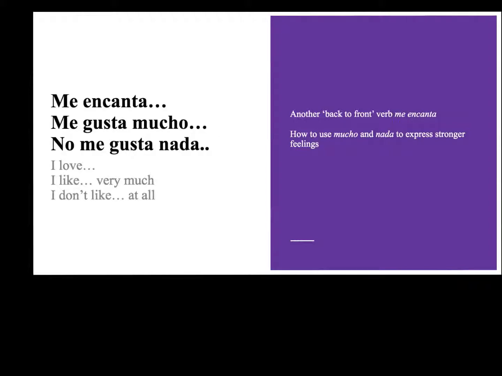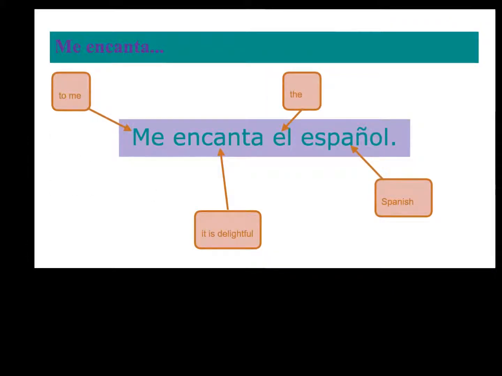Now we're going to look at slight variations on this to show us how we can express stronger ideas of loving, liking very much, or not liking at all, using another back to front verb like gustar, like me encanta, and by adding mucho and nada to me gusta and no me gusta. So to start off with, me encanta.